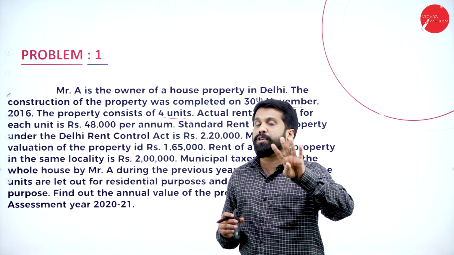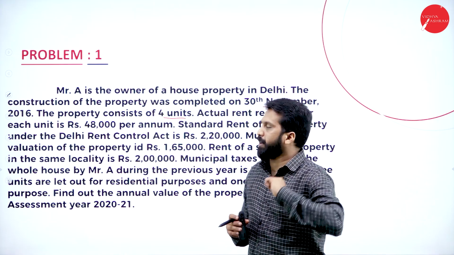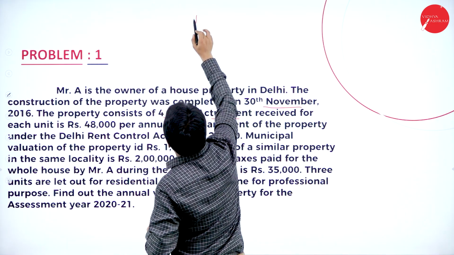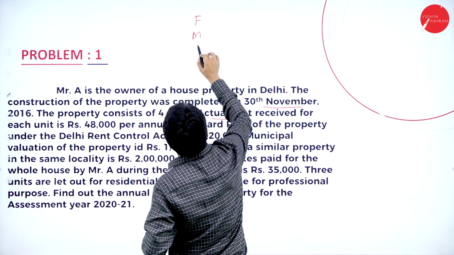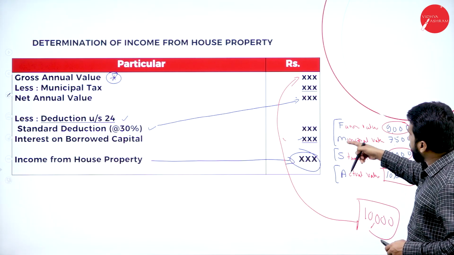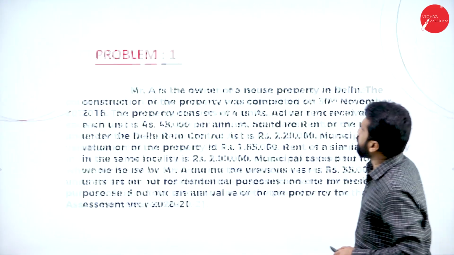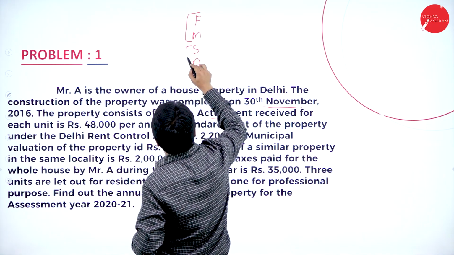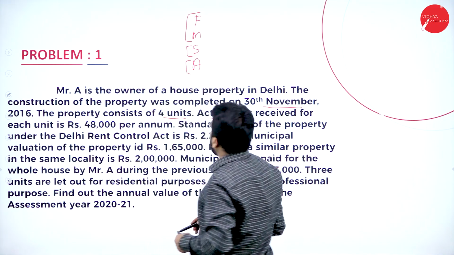In that we have 4 units, meaning 4 apartments. Actual rent: remember F, M, S, A. Same logic. F, M, S, A. FM 1, S is 1, A is 1.